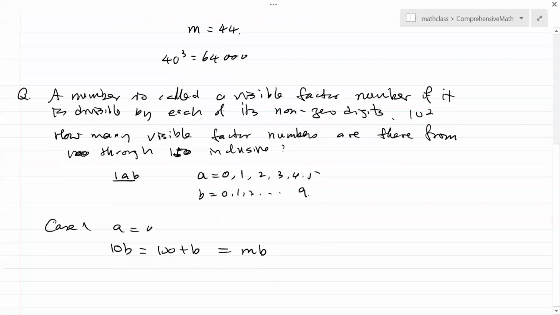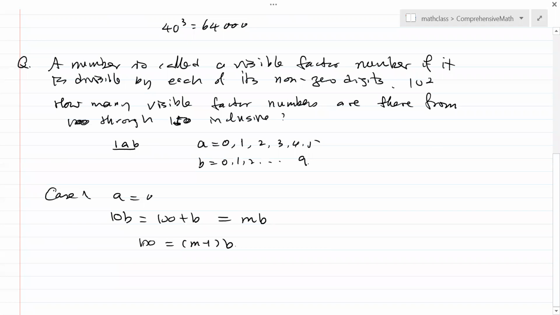And then from here you get 100 equals (n minus 1)B. I think B can be any of these numbers, right?